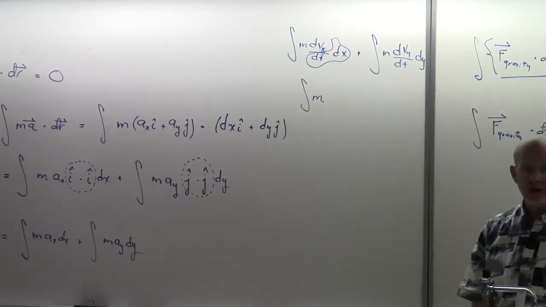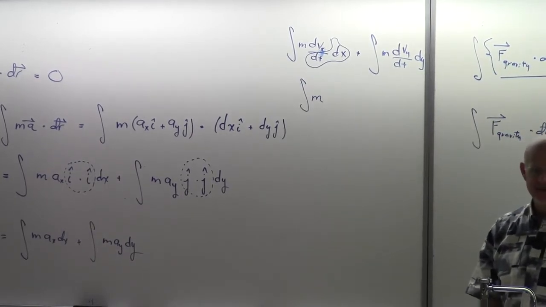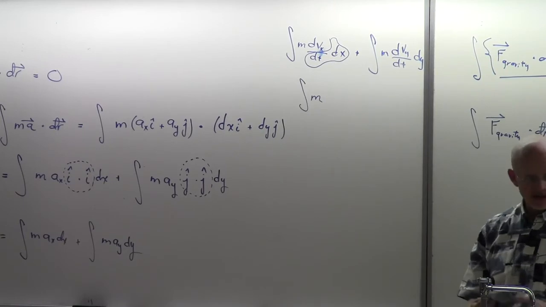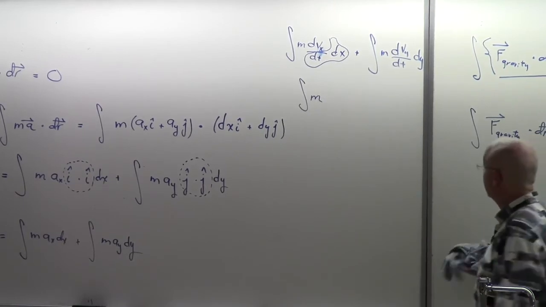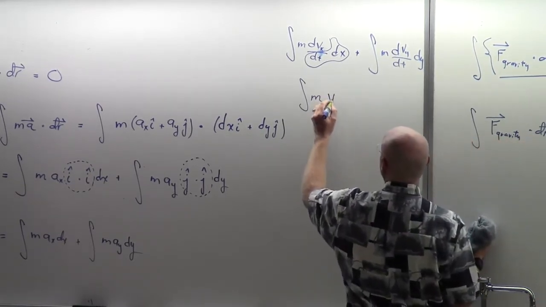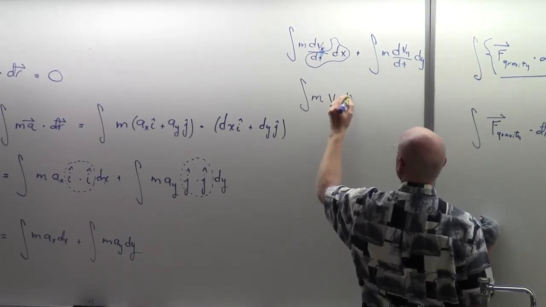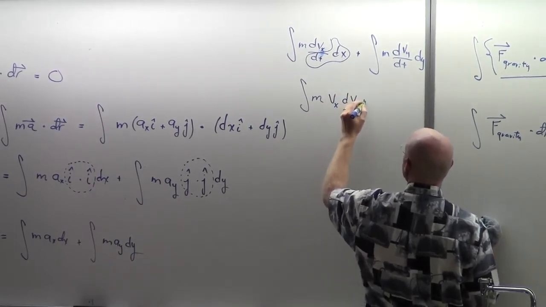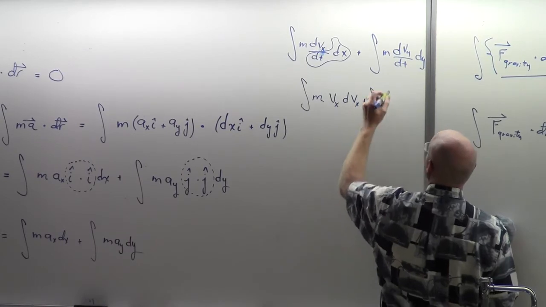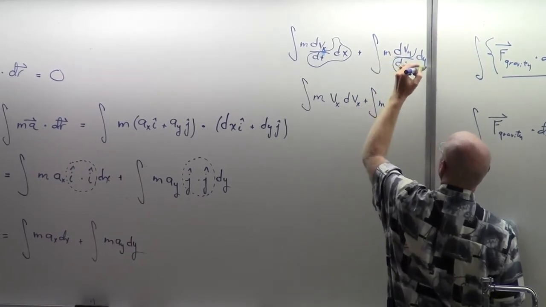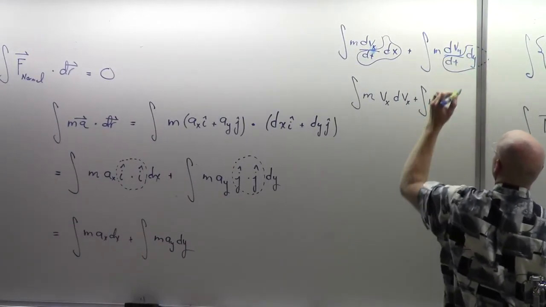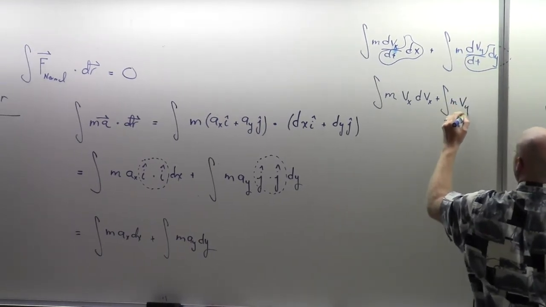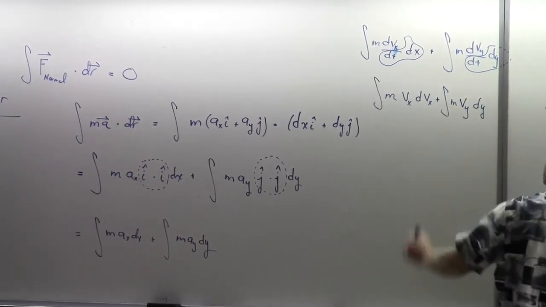dx dt is what? Isn't that the velocity? So would it be okay if I write velocity in the x direction, dvx? Same thing here: velocity in the y direction, dvy.